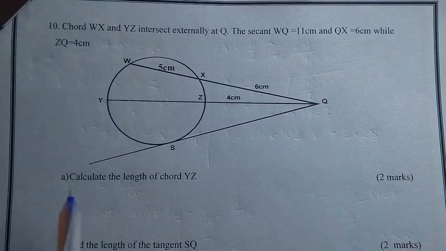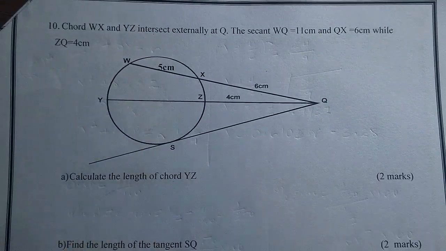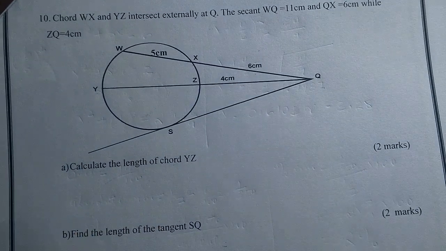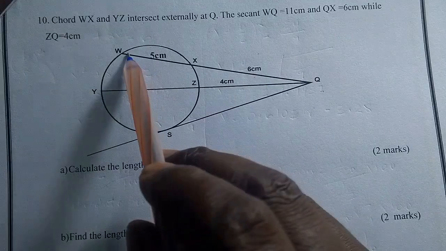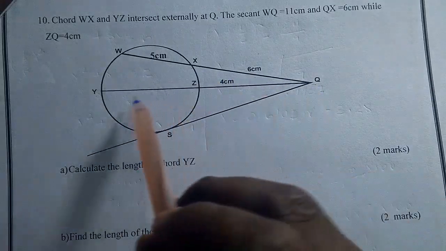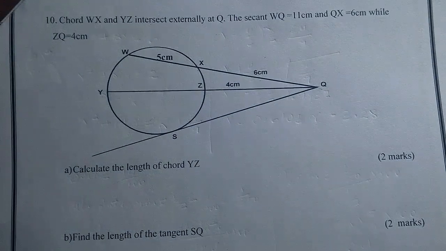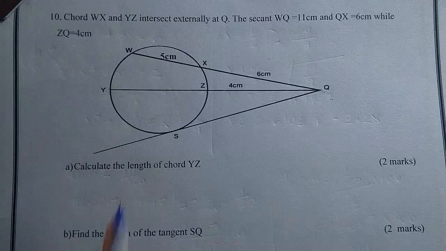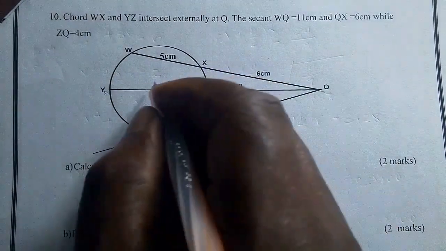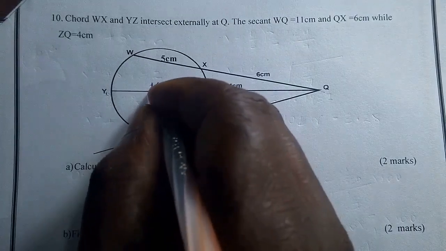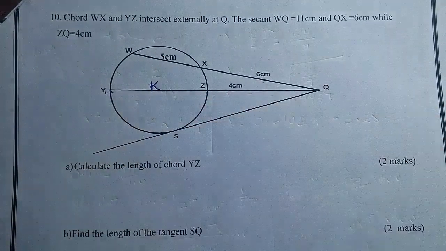Calculate the length of the chord YZ. But remember, when we have chords meeting this way, you should be able to know the formulas for each. So YZ, let me give it even Q, even K. So the distance from here up to here is K.